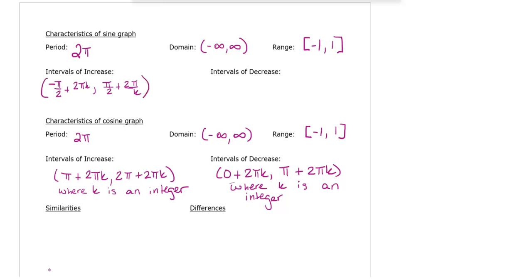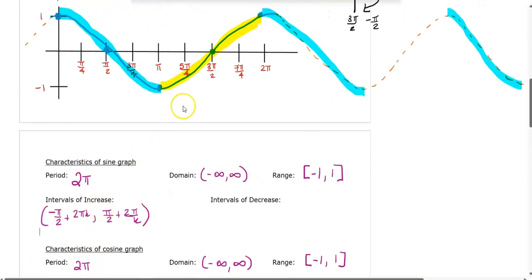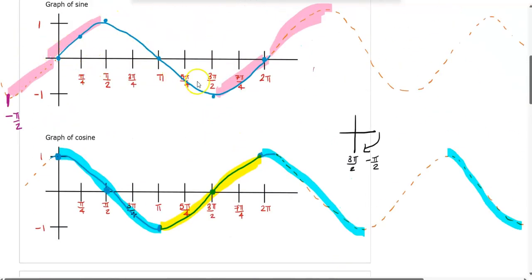Now, you put parentheses around all of these because you can't say that it's increasing or decreasing right here at pi, for example, because that's a turning point. That's where I'm going from decreasing to increasing. That's a point that has neither increasing nor decreasing. Likewise here at 2 pi, and same thing here at 0. And then same thing when I'm looking at sine: here I have pi over 2, 3 pi over 2, and 5 pi over 2.